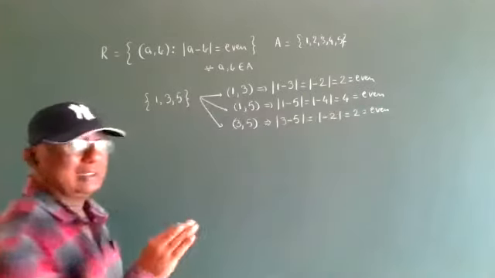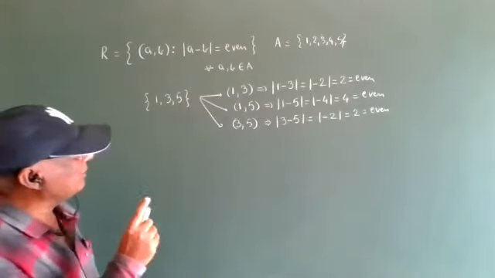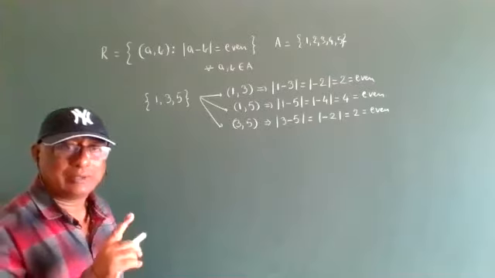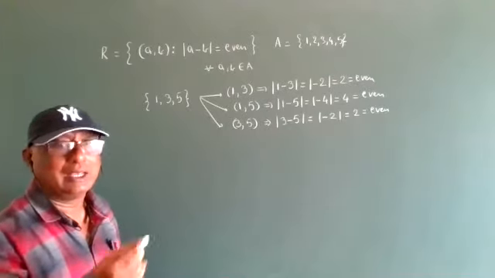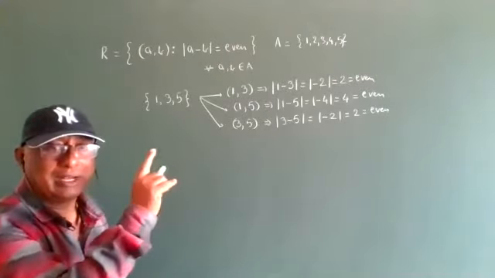So I took 1 and 3, 1 and 5, and 3 and 5, and all are giving an even number.